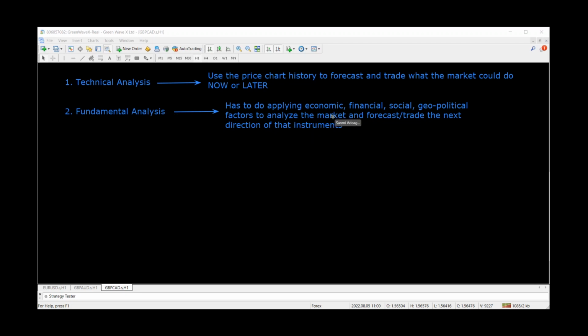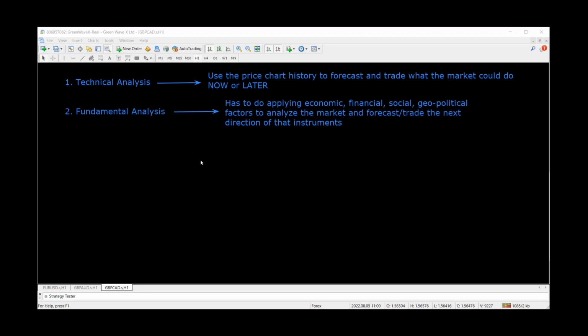When things happen, the market moves. So let's look at some examples of economic factors. An example is the interest rate, or the gross domestic product of that country, which will affect the currency or even the stocks of that country. Inflation and economic recession can also affect it.